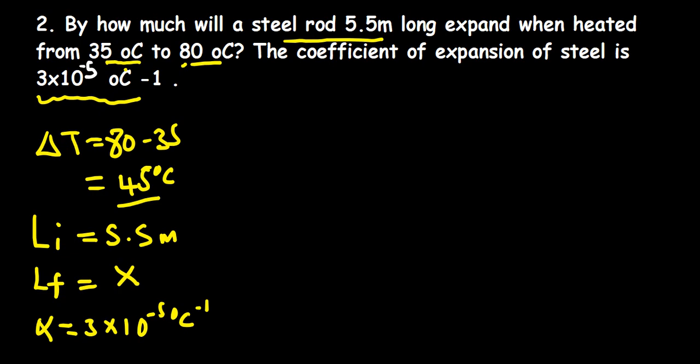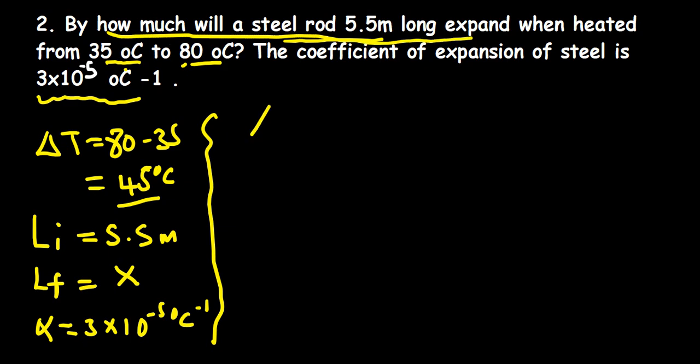So this is all we need in order to find what they are asking here. By how much will a steel rod expand? We're just finding the change in length. That's the how much they are asking about.